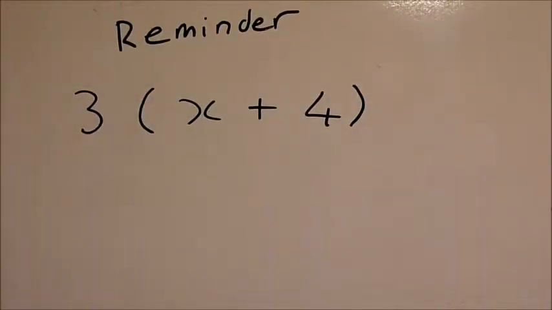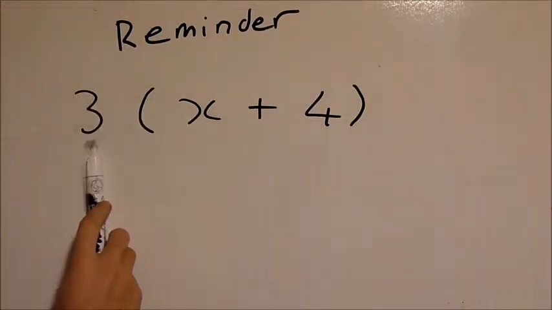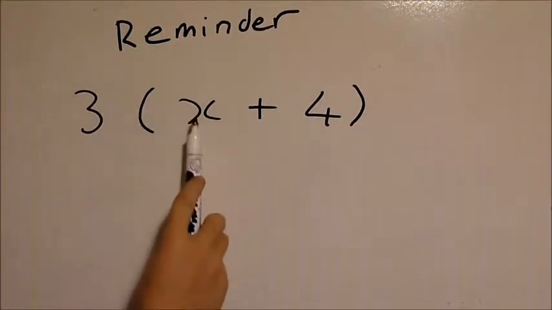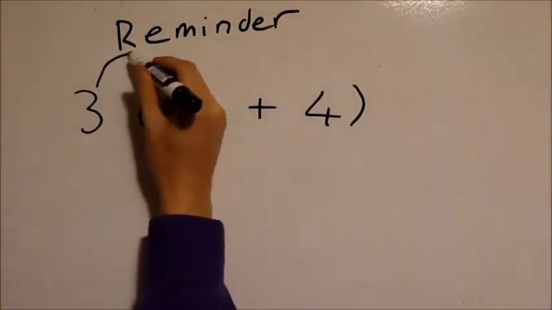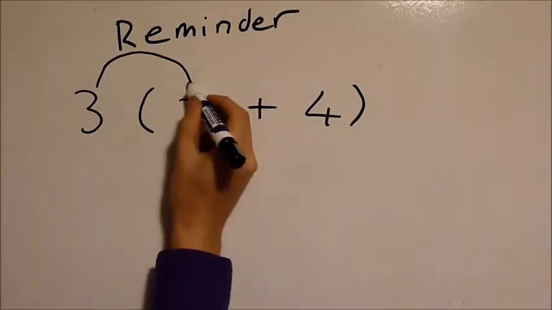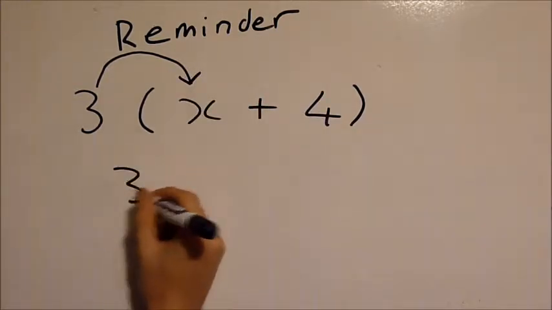So last lesson we looked at expanding a single bracket. The way in which we did it was to simply multiply everything that is outside the bracket by everything that is inside the bracket. So to go through this example, that simply means that we multiply 3 times x, which is just 3x.